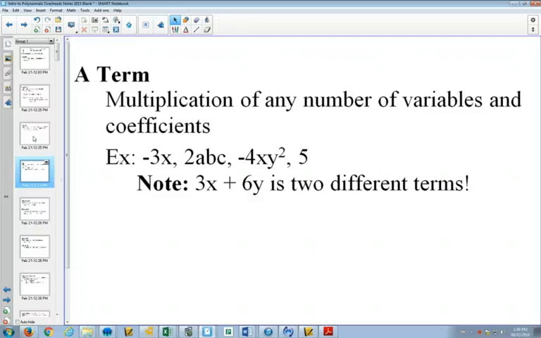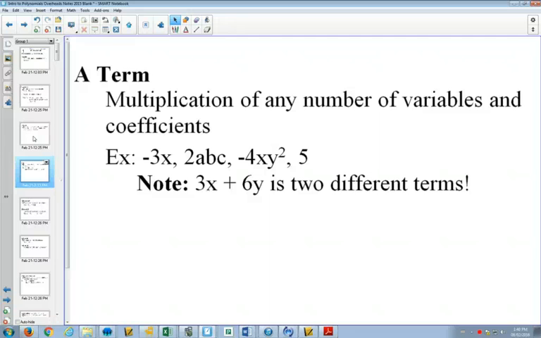A term. So anytime you put together numbers and variables by multiplication, that is called a term. So all of these examples here, minus 3x, 2abc, negative 4xy squared, and 5, those are all terms.